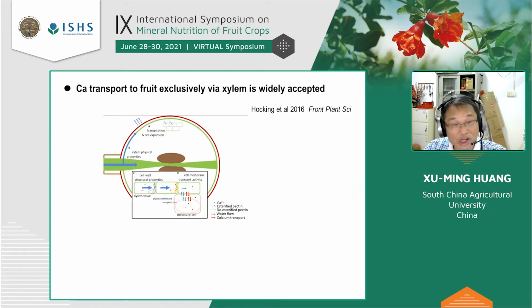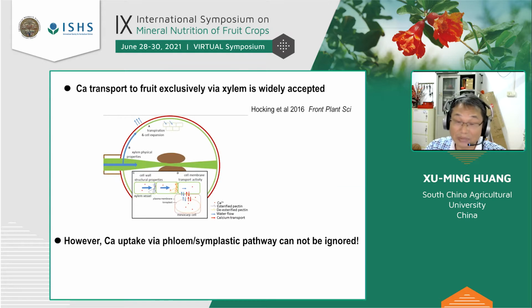It is generally believed that calcium transport to fruit is through the xylem or apoplast pathway. However, calcium uptake via the phloem symplastic pathway cannot be ignored. There is evidence showing that the phloem symplastic pathway is also important for fruit calcium uptake.